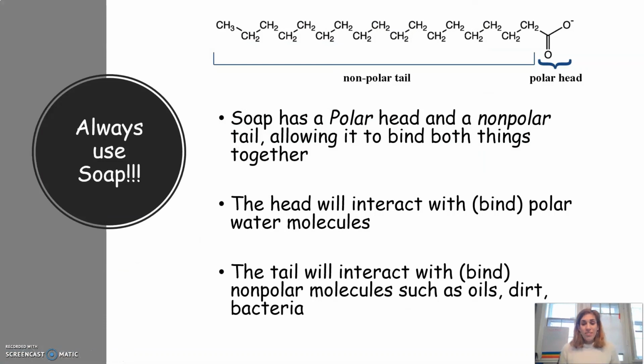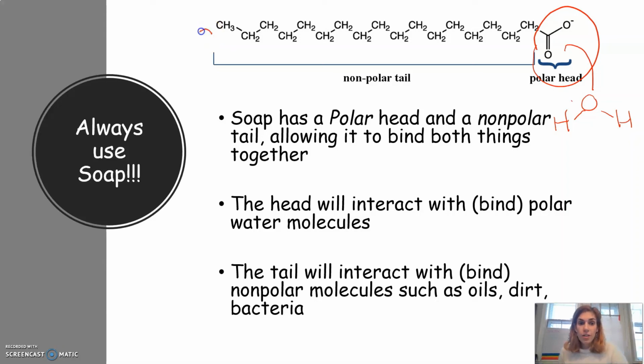Well, here's what makes soap so special. Soap actually has a polar head, but a non-polar tail, which allows it to actually bind both things together. The polar head bonds with a polar molecule like water, where the nonpolar tail bonds with other nonpolar molecules like the virus or oil.